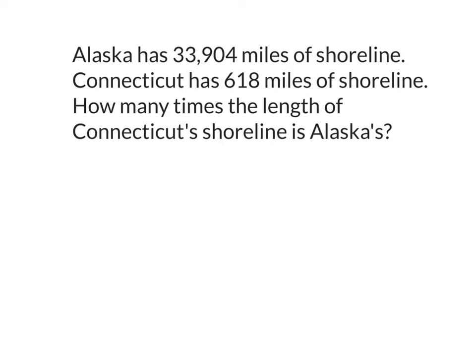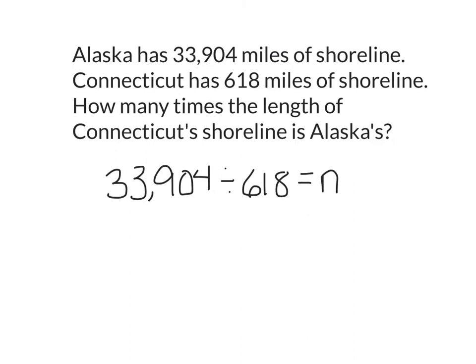So to find out how many times the length, which will be n, we would divide 33,904 divided by 618, and that would be written out like this: 33,904 divided by 618 equals n.